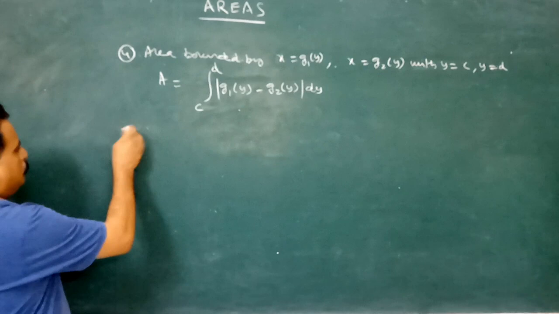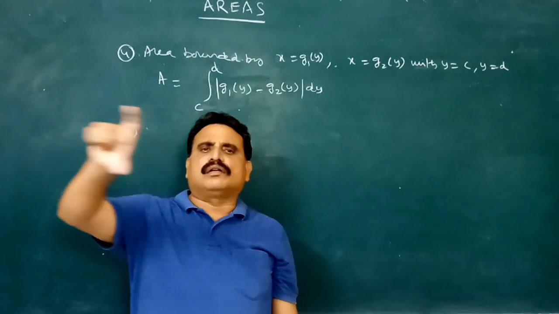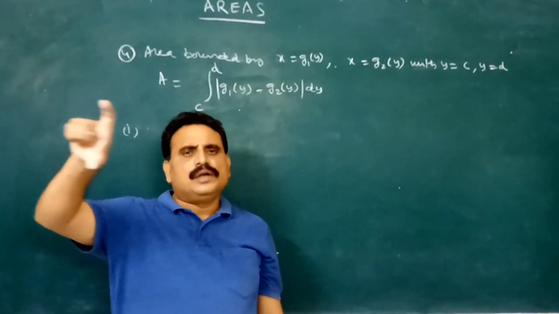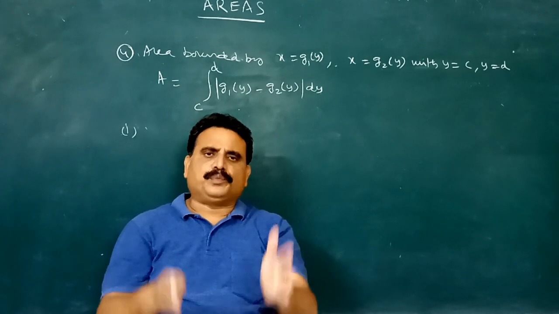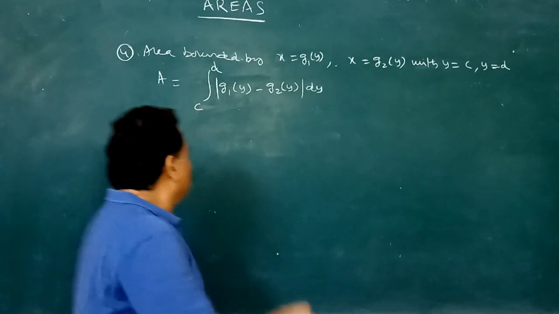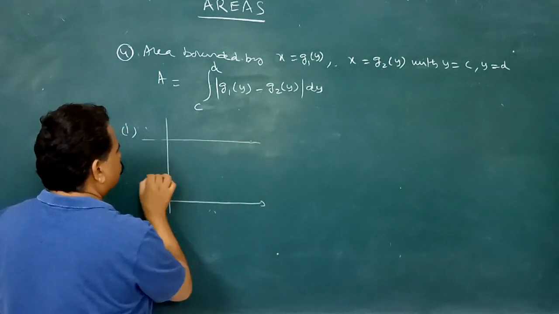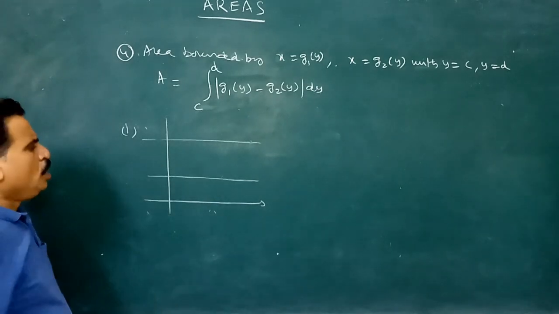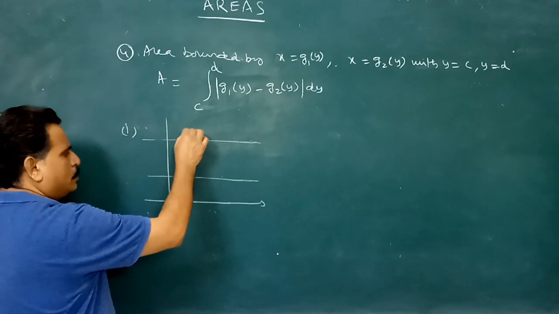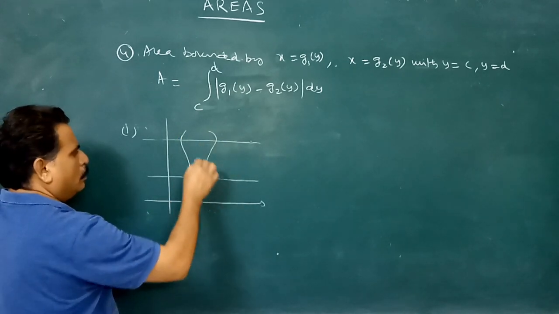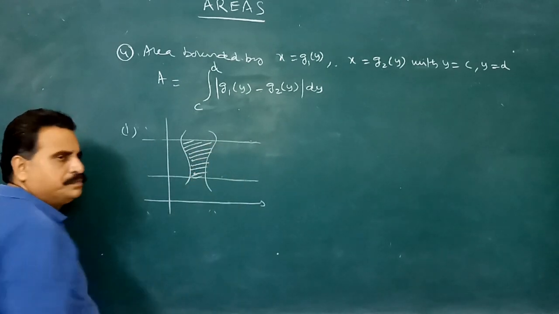Now here, first case. Here y = c and y = d, these two are horizontal lines. So the region is between two horizontal lines, bounded by two curves. If both curves are like this, how to find this region?